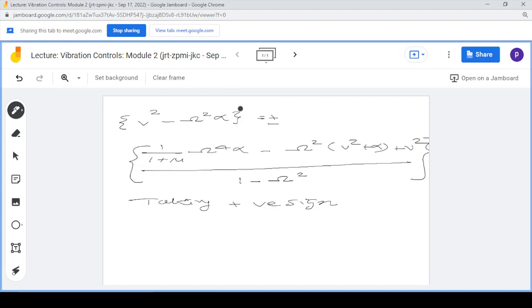by taking only the positive sign, what do we obtain? We obtain nu omega raised to 4 alpha equals 0, that is omega equals 0 as nu is 0 and alpha is 0, right?